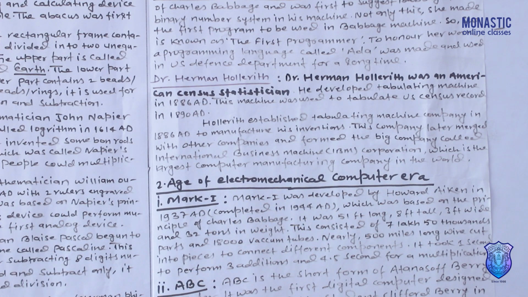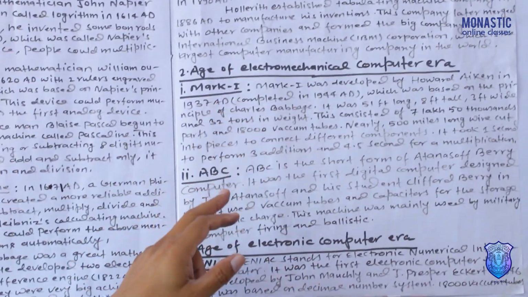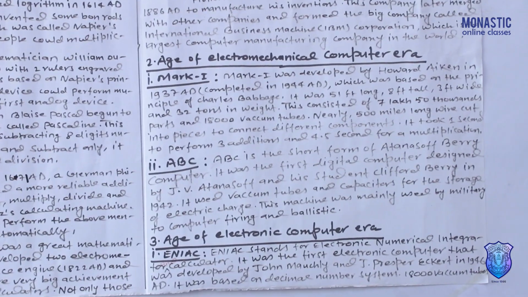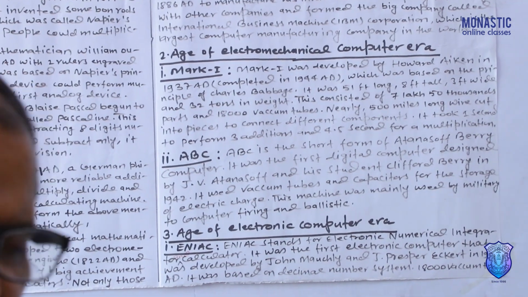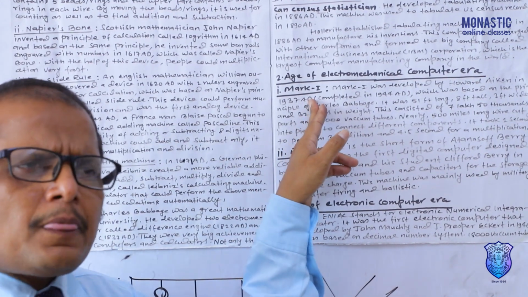In this, I will discuss two computers: one is Mark I and one is ABC. Only two electromechanical computers are given in your syllabus. Let me discuss Mark I first.